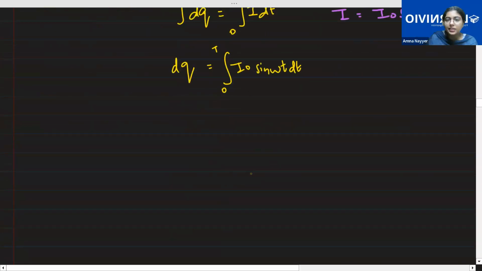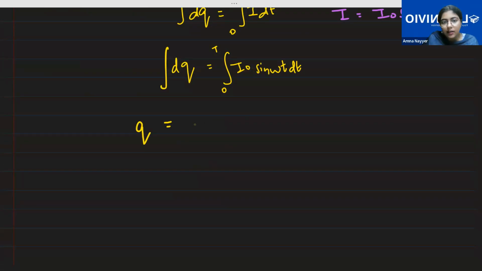Now here integration has to be performed. So when we integrate dq, it gives us q, which is equal to I naught, which is taken outside, times the integral of sine omega t. See, when you integrate sine theta, we get a negative cos theta.